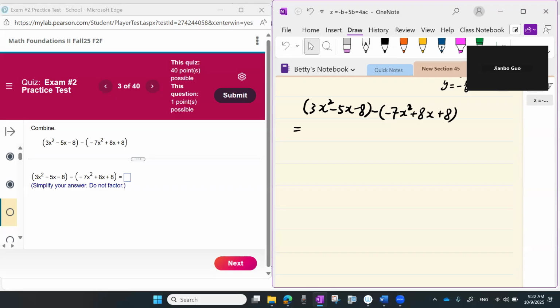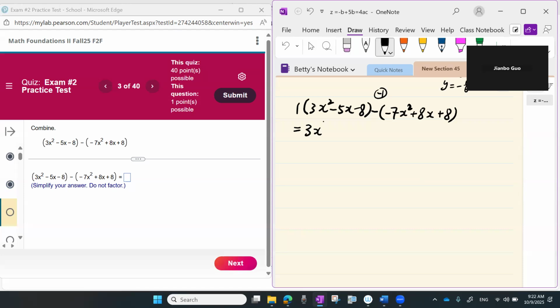In this expression, we have two parentheses, and I want you to notice the coefficient of the first parenthesis is 1. The coefficient of the second parenthesis is negative 1. When we have a coefficient 1, we can remove the parentheses without changing anything inside, because 1 is the multiplicative identity.